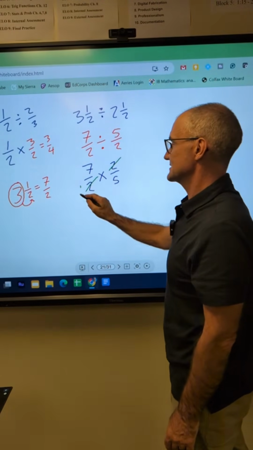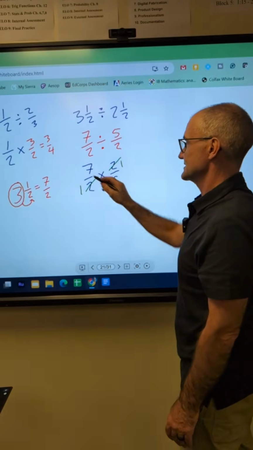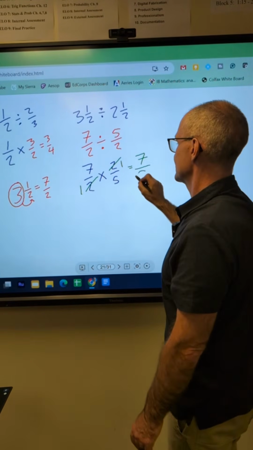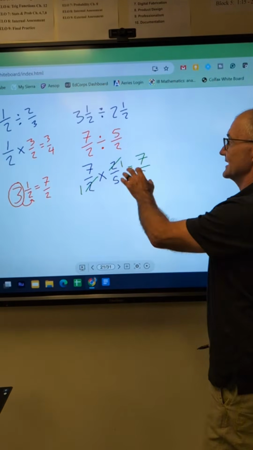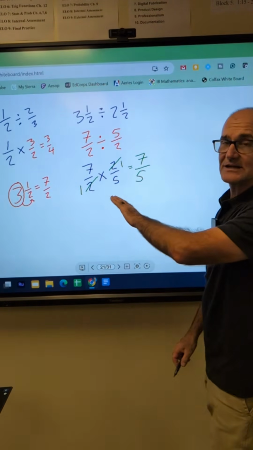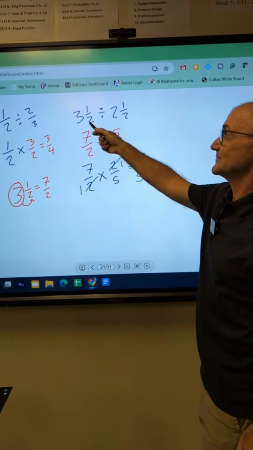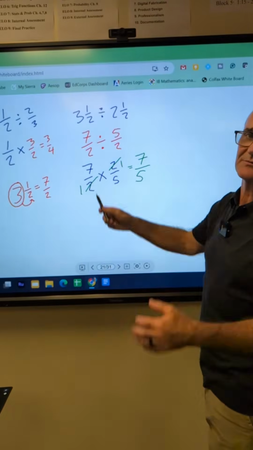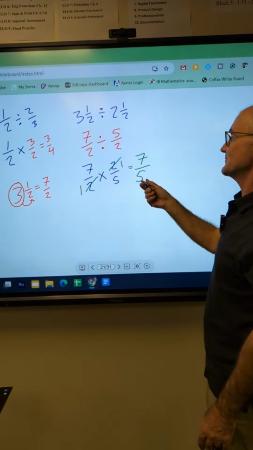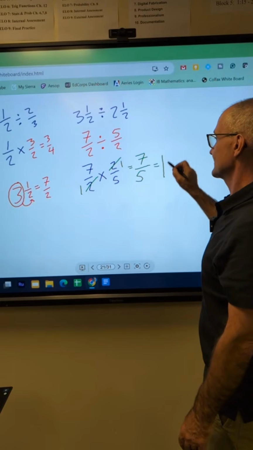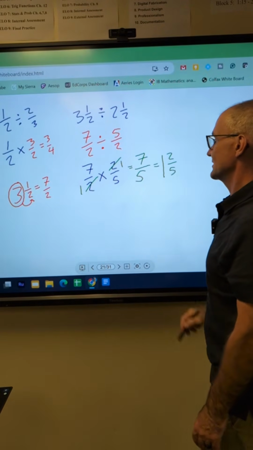When they cancel, they just become 1s. 7 times 1 is 7. 1 times 5 is 5. I'm done. My answer is 7/5. That is the correct answer. However, the multiple choice answer, especially if you are given mixed numbers, will probably be a mixed number. I convert that back to a mixed number. 5 goes into 7 one time with 2 left over, so it's 1 2/5.